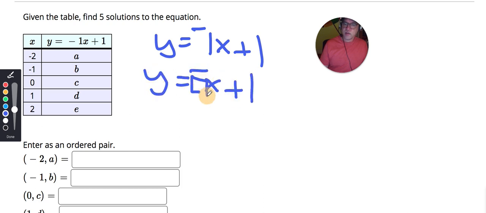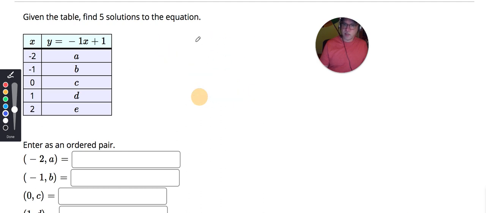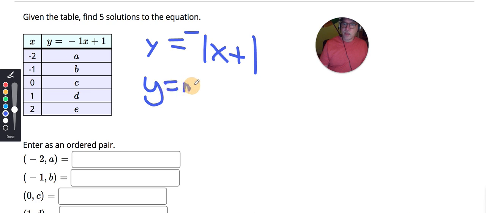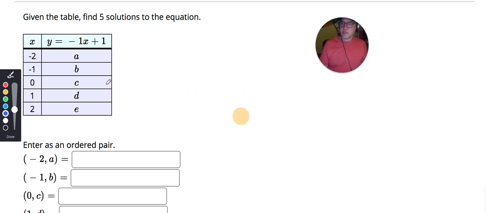This is going to be a 1 if it's there, not a 0. If there were a 0, there would be nothing there. So y is equal to -1x plus 1 tells me that, remember, y equals mx plus b, where m is the slope and b is the y-intercept. That means that where my x is 0, my y is 1.